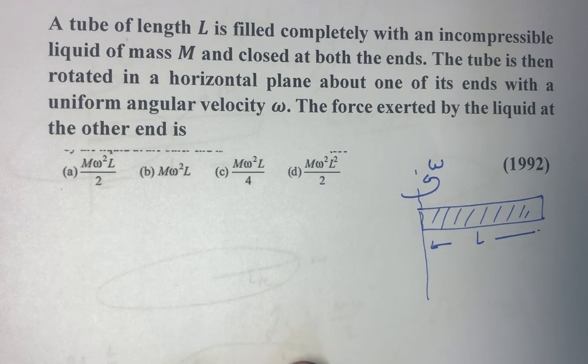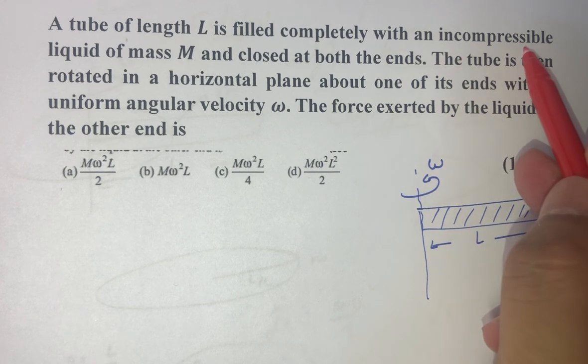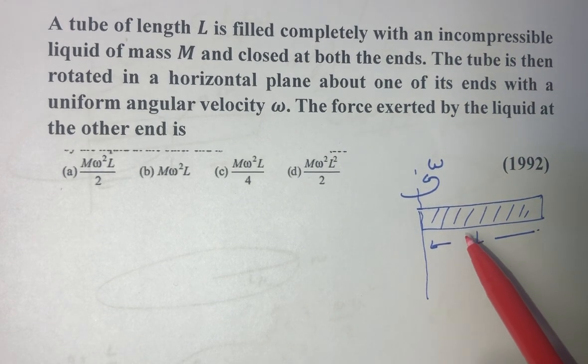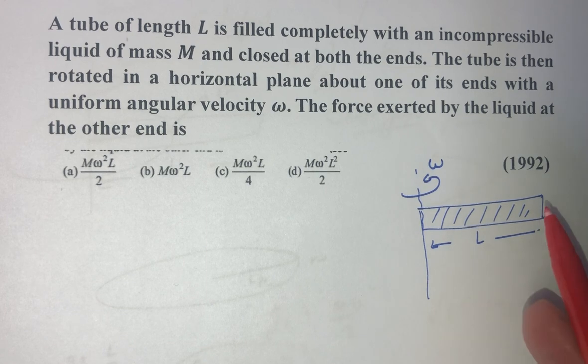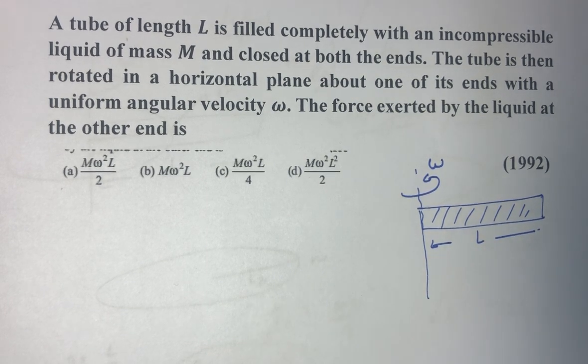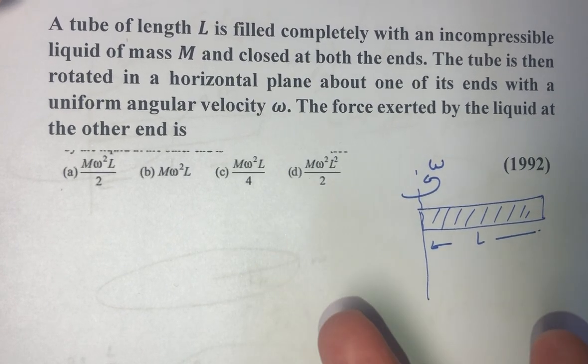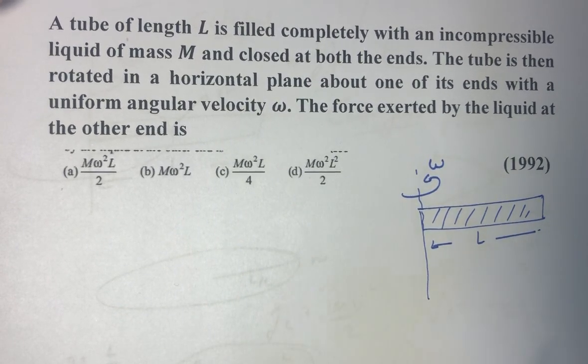So in this it is given that the liquid is incompressible. So this tube can now be treated as a uniform rod, and the entire calculation can be based on the same thing which we are going to use for the uniform rod.